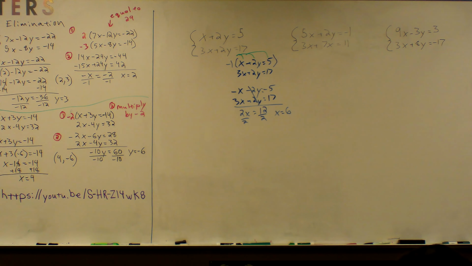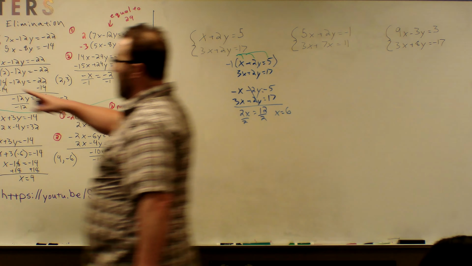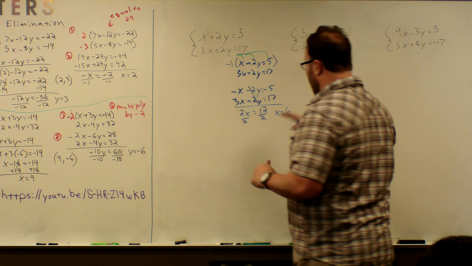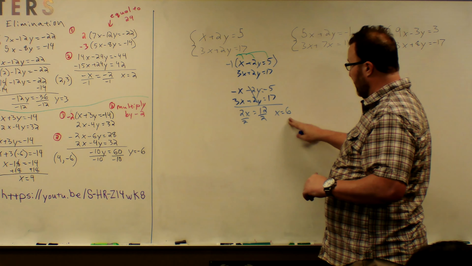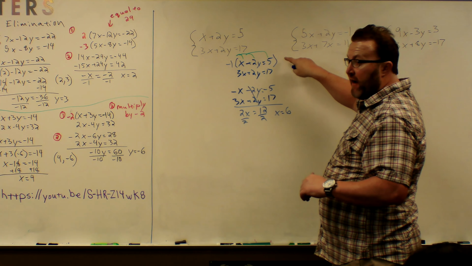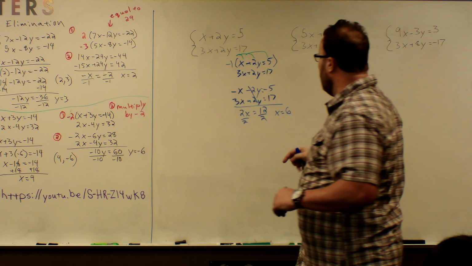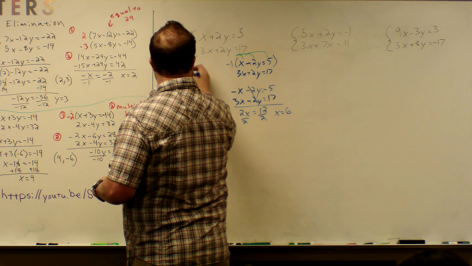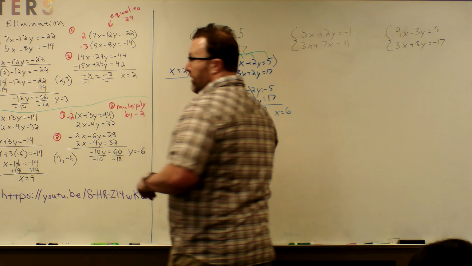Okay. Now that we have that, we want to go to our next step. So we stack them on top of each other, we eliminate, solve, now we want to do substitution. We want to take the very one that we changed, okay? So we're going to write x plus 2y equals 5, draw a line underneath it, okay?